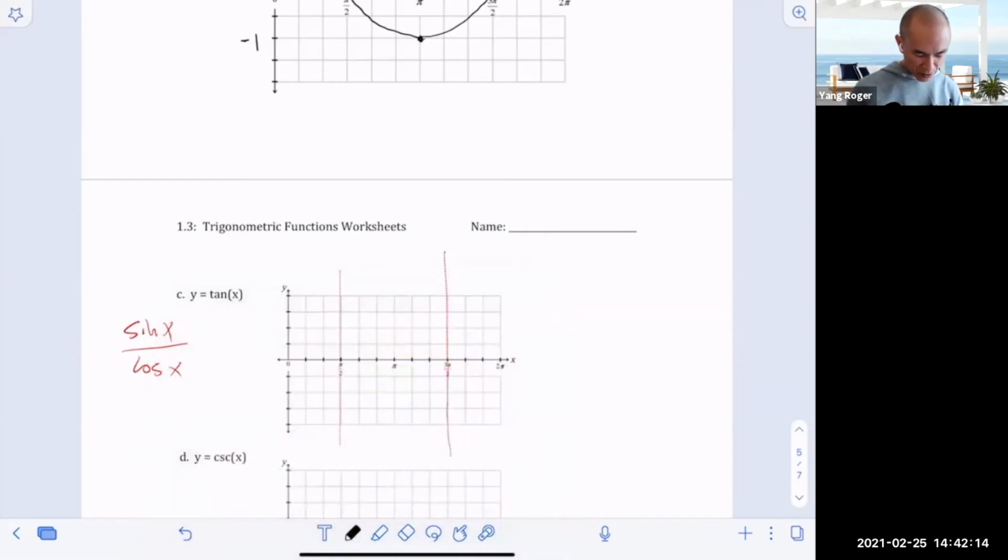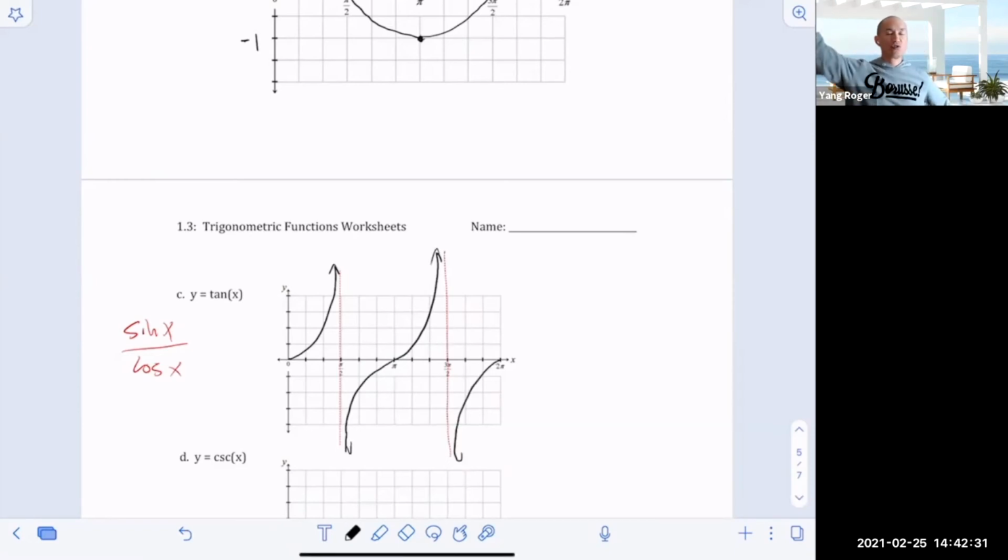It hugs the asymptote, and it looks like this. It keeps repeating like this. So it goes.